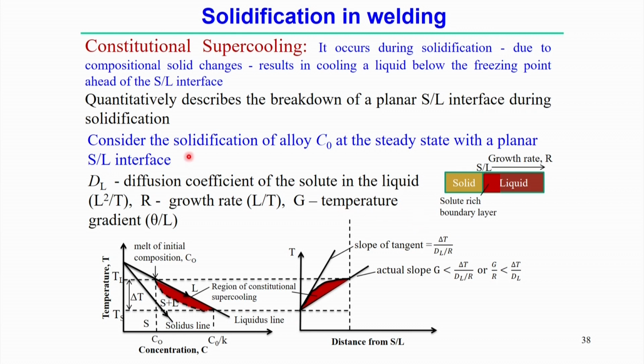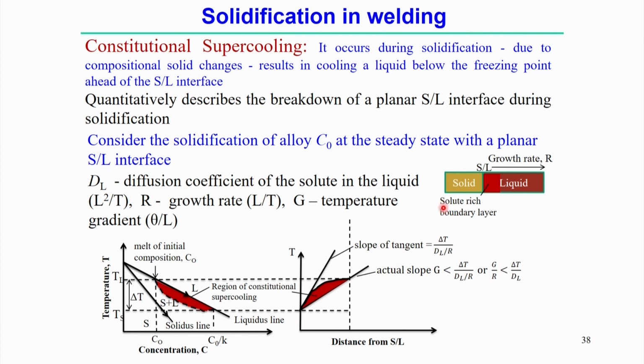Here the distance can be counted in terms of the boundary layer, that is the diffusion coefficient DL divided by the growth rate R. If you see it dimensionally also, this term delta T and DL by R also represents the slope of the tangent.